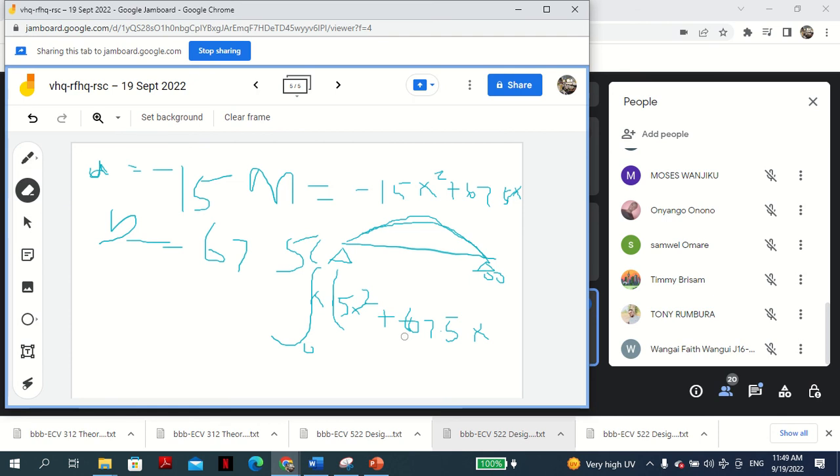Let's see. I think this is maths, so it should not be a big issue to you. X into 15x squared plus, yeah.